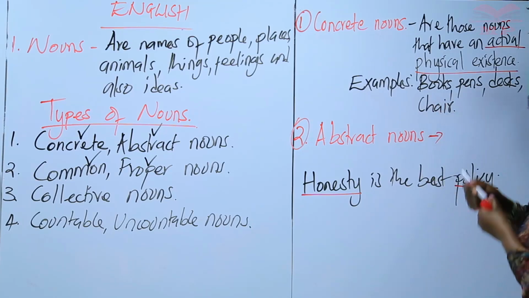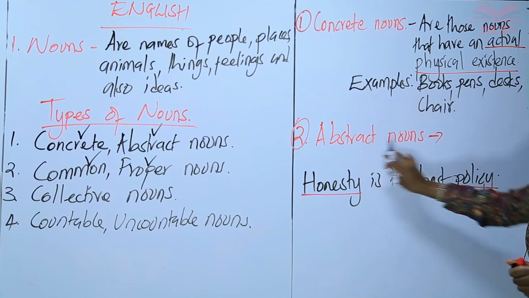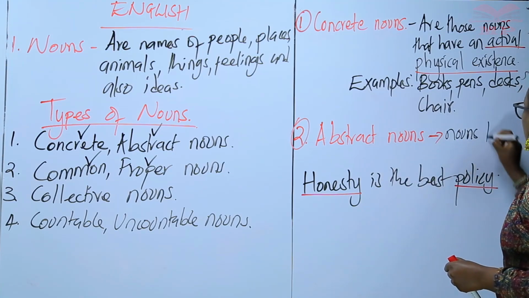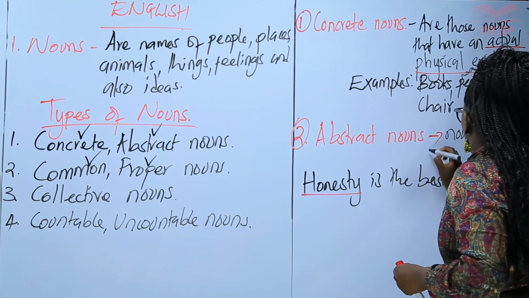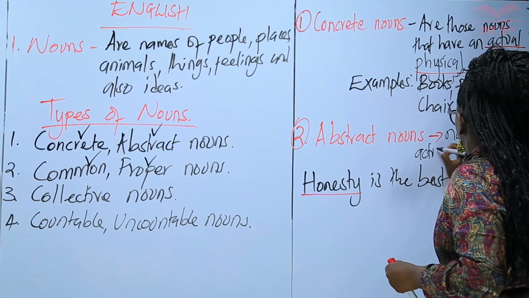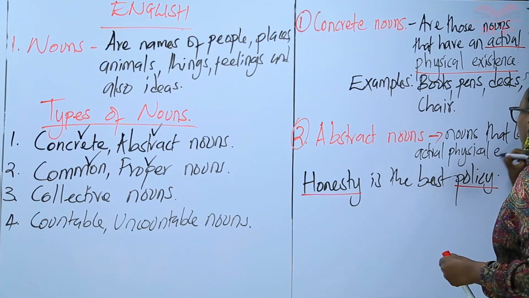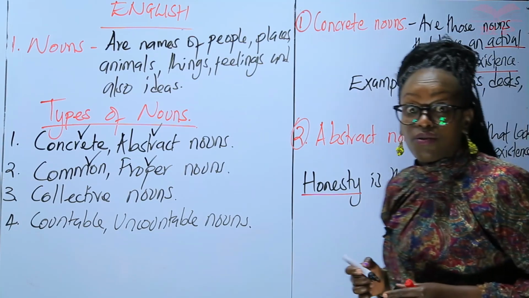Unlike the concrete nouns that have an actual physical existence, the abstract nouns are those nouns that lack actual physical existence. So you cannot point to kindness, you cannot point to love and say this is how love looks like.